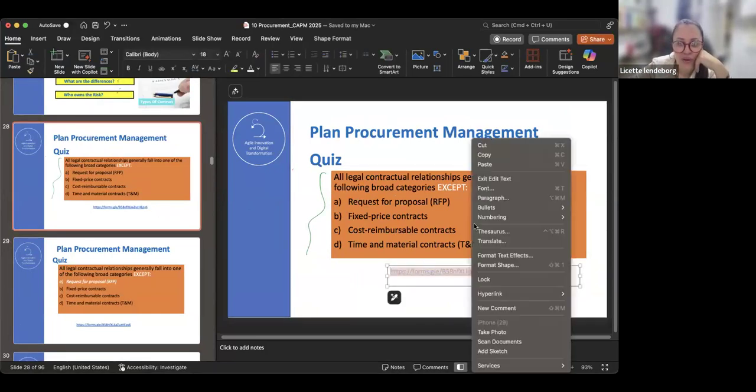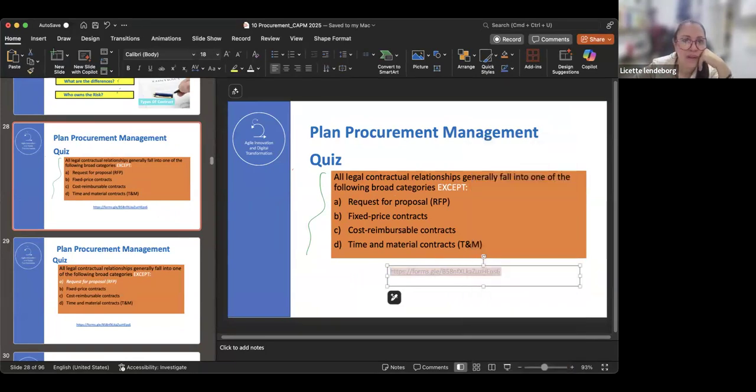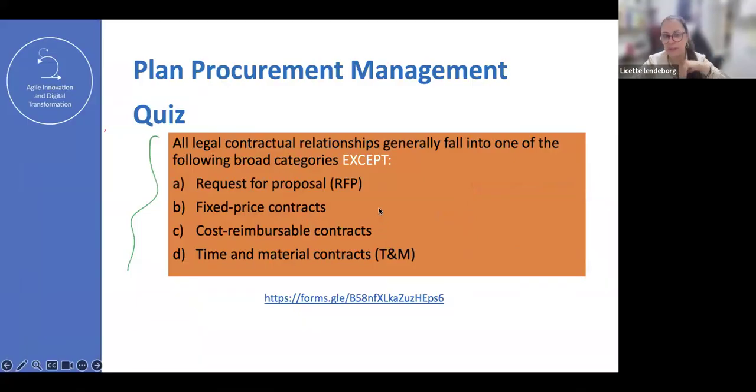Type of contracts, that is the question. Mr. Josh, if you can try to open the link and let me know if it's working properly.